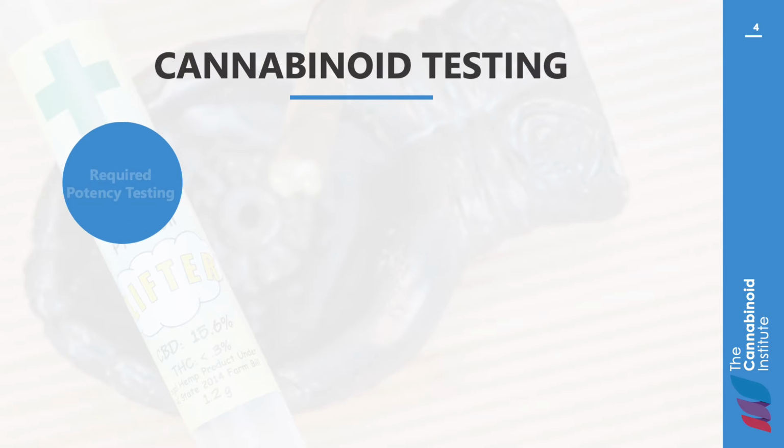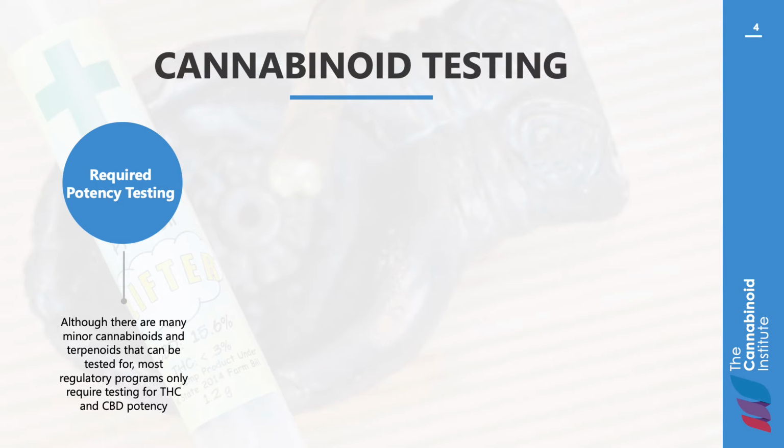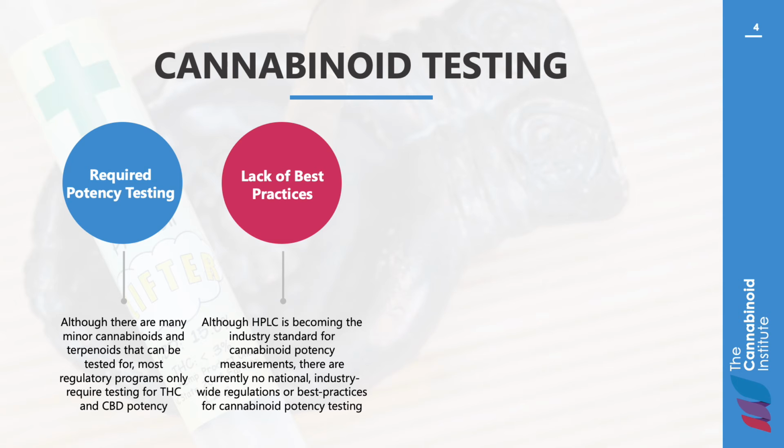Although there are many minor cannabinoids and terpenoids that can be tested for in cannabis, most regulatory programs only require testing for THC and CBD potency. Although high-performance liquid chromatography is becoming the industry standard for cannabinoid potency measurements, there are currently no national industry-wide regulations or best practices for cannabinoid potency testing.